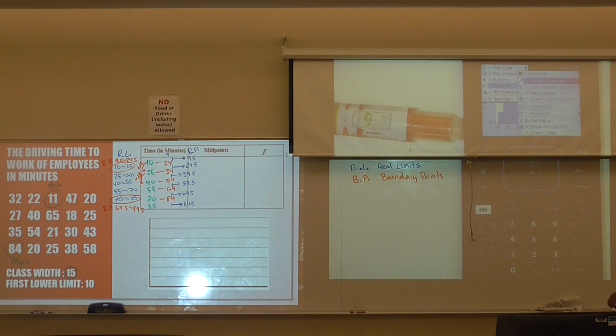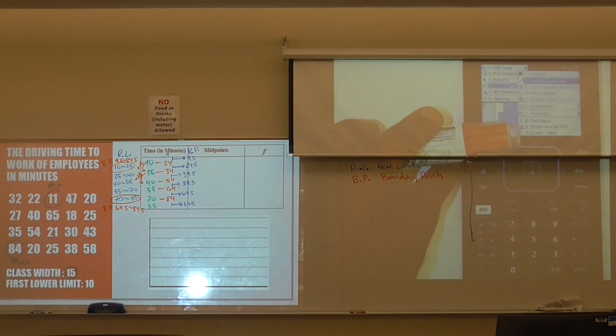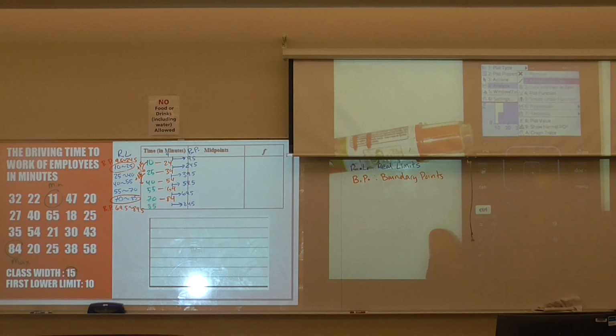We have an option right at the very bottom that says graph trace. I can go to graph trace and enter, and it does the same thing. But now, instead of moving the mouse around, I could just go right and left. It's quicker to get to things than moving the mouse around.